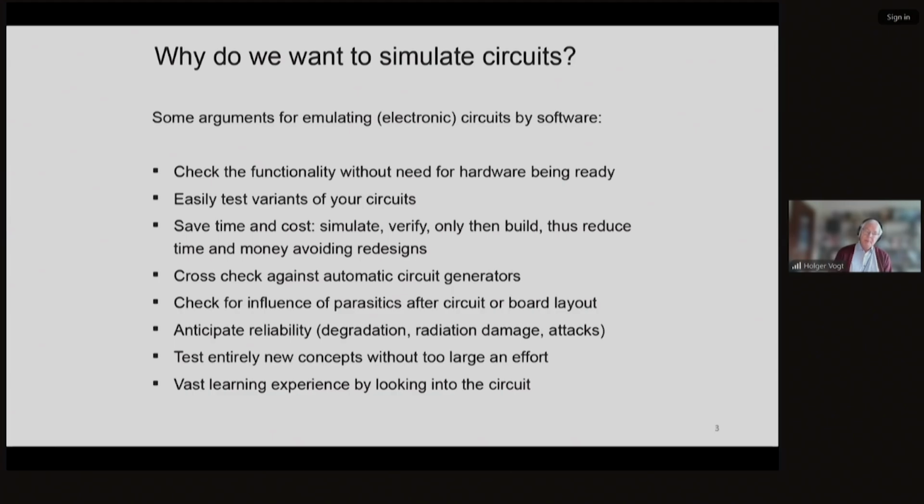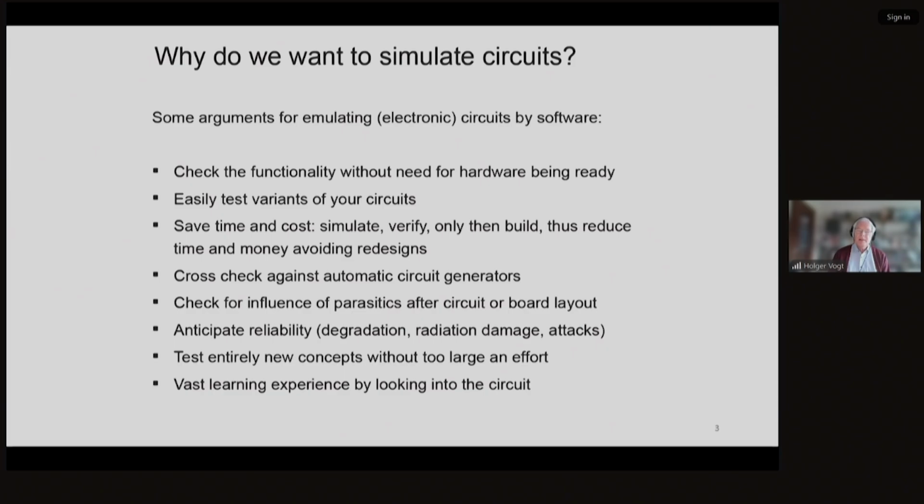Some people use automatic circuit generators, and you have to cross check. You have to look if these circuit generators have done a good job, so let's resimulate it. Especially in the integrated circuit business, people do parasitic extraction after layout, and you can also do this on a PCB.